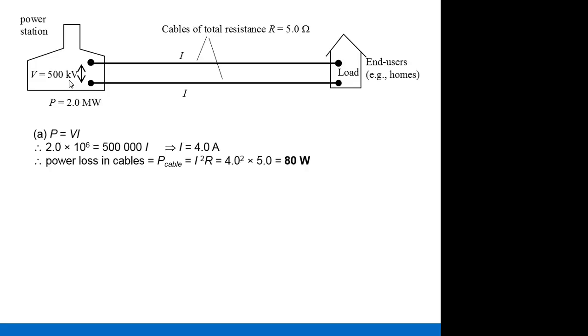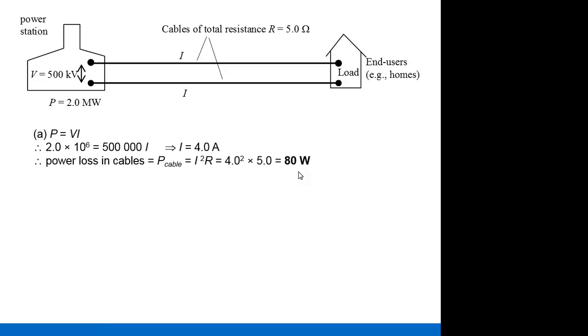You get a very, very big number. Anyone trying it yet? 500 kilovolts squared divided by R, what do you get? Shout it out. 5 times 10 to the power of 10, instead of 80 watts.